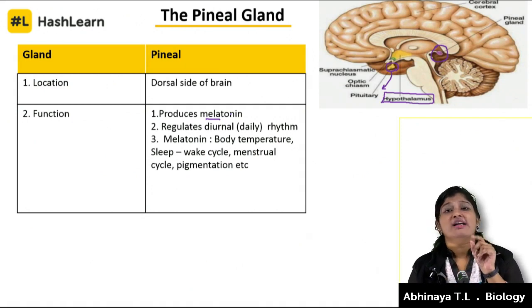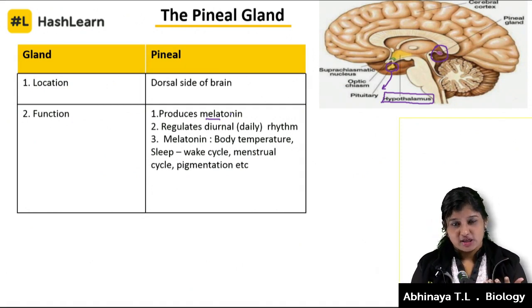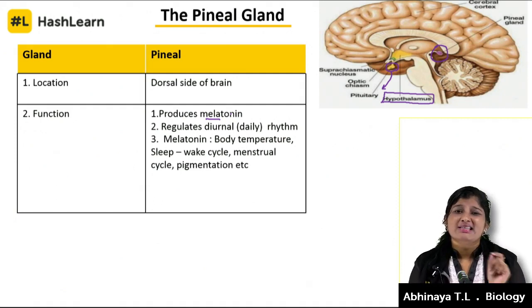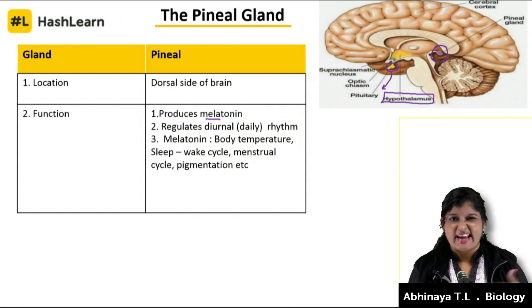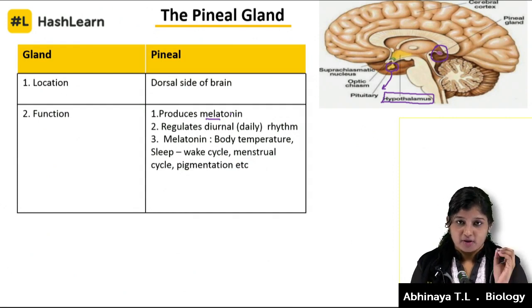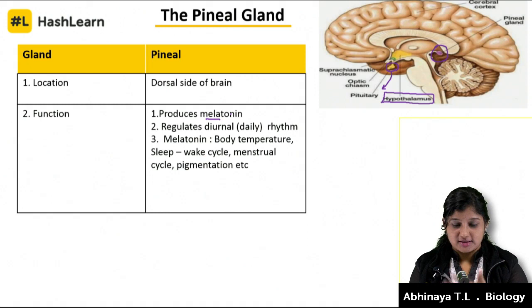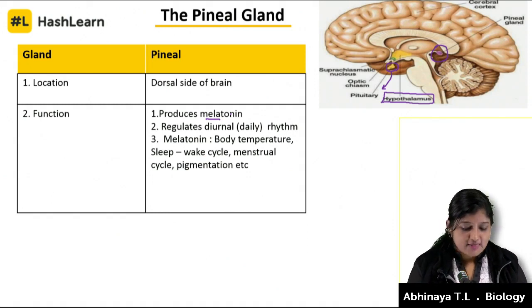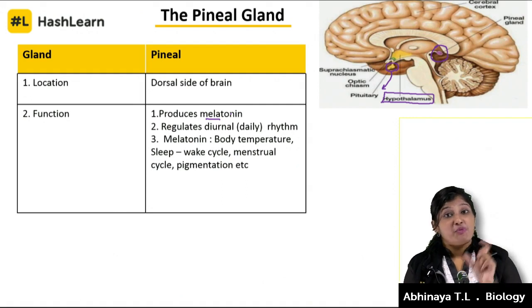You have this word called diurnal, which in many places will come in vernalization also, in the flowering plant chapter. Diurnal means daily, the period in the day. So daily rhythm, diurnal rhythm, is nothing but the sleep-wake cycle.